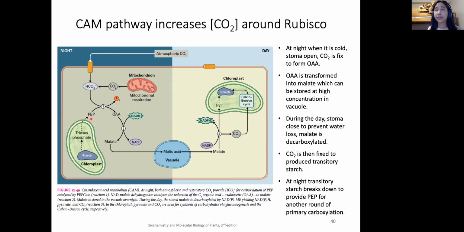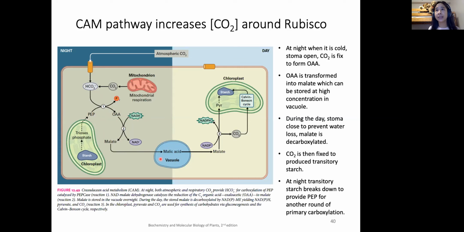Together, this is a C3 compound and becomes oxaloacetate. And this oxaloacetate can be reduced to form malate. The reduction of oxaloacetate needs NADH.